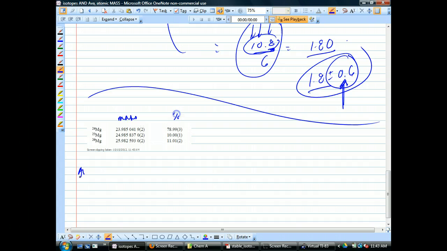So the average mass is going to be 23.9850419 times 0.7899. I'm using the decimal form of that, so I'm dividing by 100.